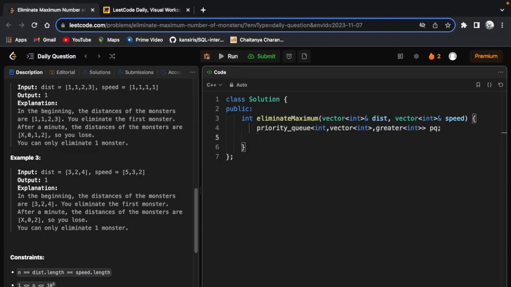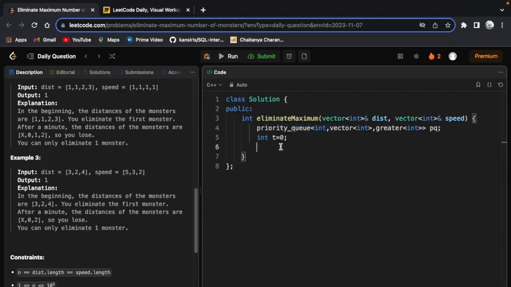Now the next thing that I have to take is this integer value t. That is, I am increasing the time, and I am checking for each and every minute if I can kill a monster, because after every minute my weapon is getting fully charged. So now let us go ahead and insert values in our priority queue. What are we going to insert?